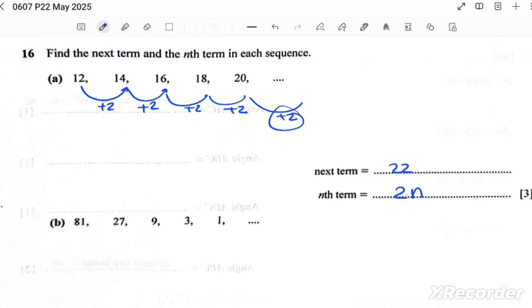Now let's ask how 2 can be 12, so we have to add 10. If n equals 1, it will be 2. But the first term here, when n equals 1, is 12. So how can 2 become 12? You add 10.